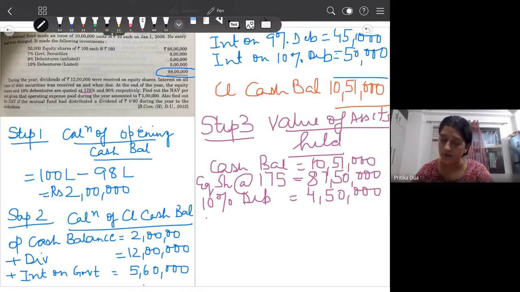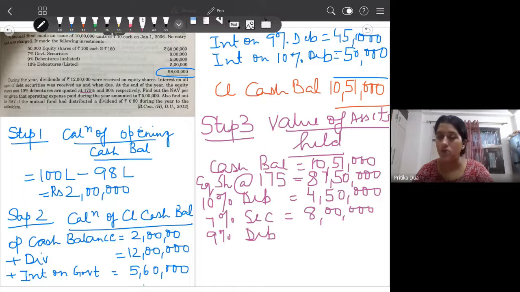The other two securities, 7% government securities, same value, and the unlisted debentures, again there won't be any change in the value as they are given to be unlisted. So 5 lakh. So this is the value of asset held.